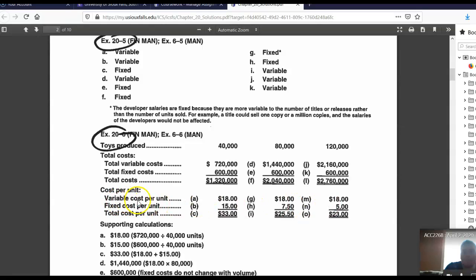Likewise here, variable cost per unit. They gave us the 720. So 720 divided by 40,000 is 18 bucks. Well, that's like the hourly wage. They're going to be paid 18 bucks an hour no matter what the volume is, but in total that will change. And then these F, V, C, I, and O, those are just the totals.